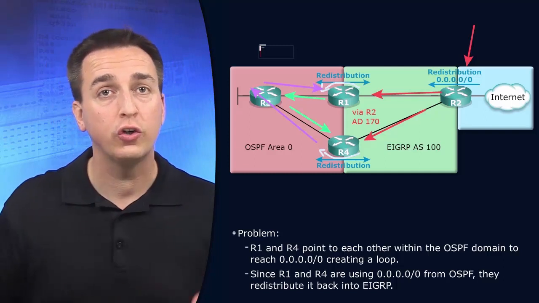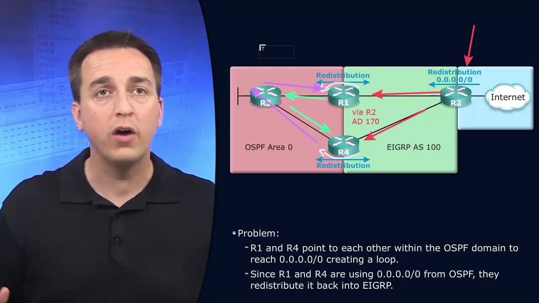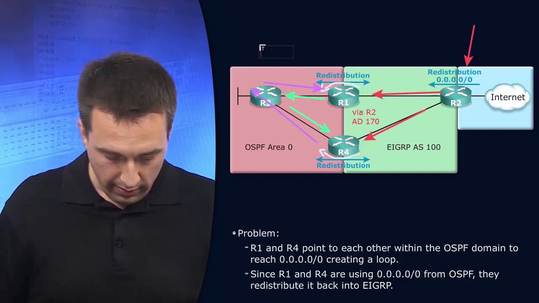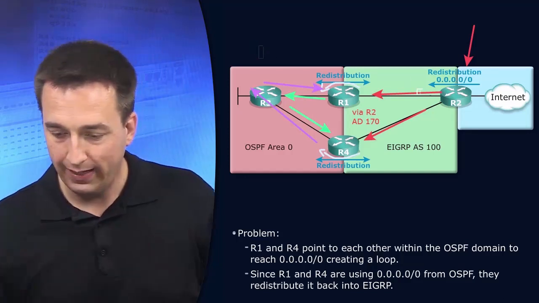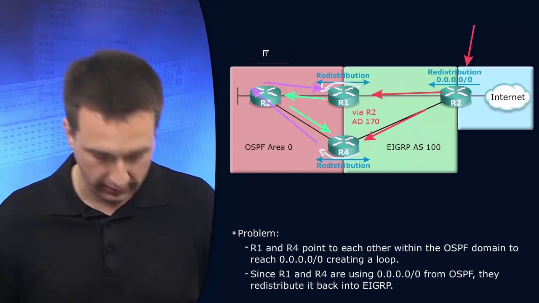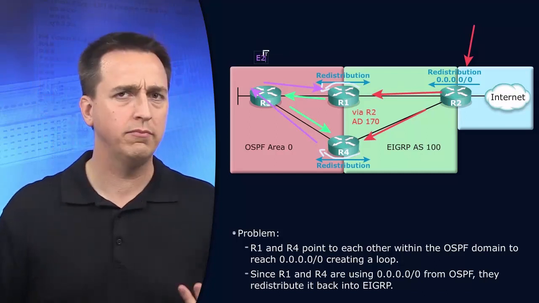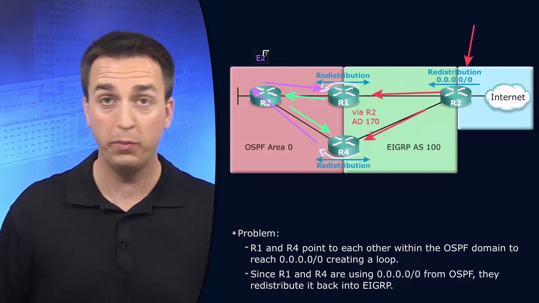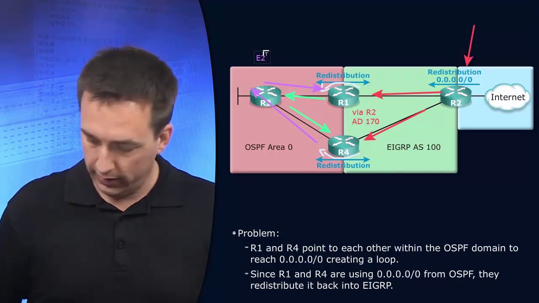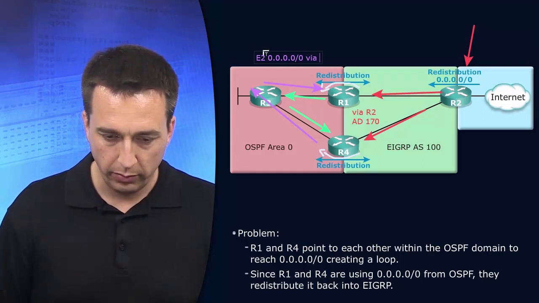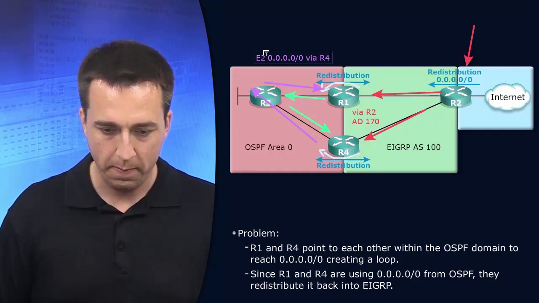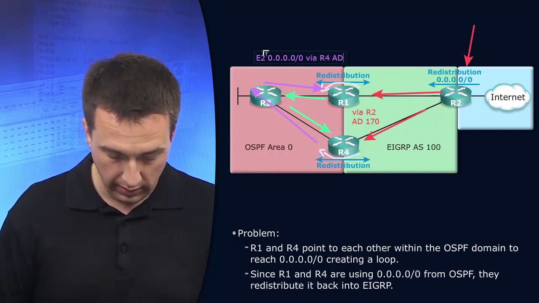It's an external route from R4. And what does it say? Well, by default we are dealing with an E2 route in this particular case because it's Type 5. We haven't modified that at all at the redistribution point, but we could. And it's 0.0.0.0/0 reachable via R4, and the AD is 110.